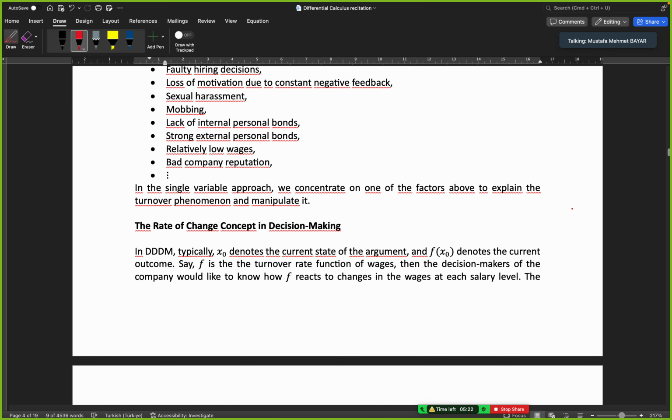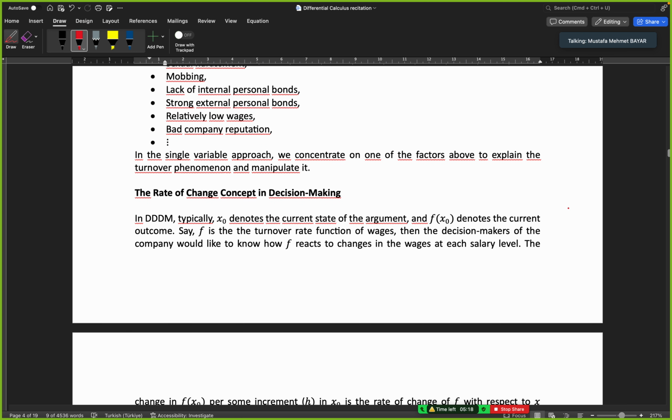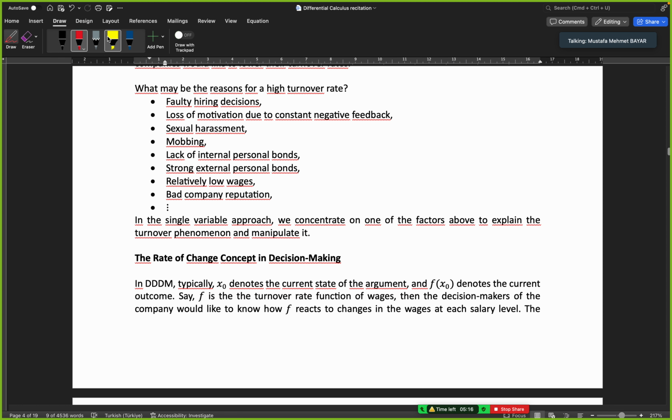Now let's talk about the concept of rate of change. So here we had some arguments. I just wonder, what happens if I just lower the level of mobbing, psychological harassment, within my company? I just wonder how my function reacts to this action.